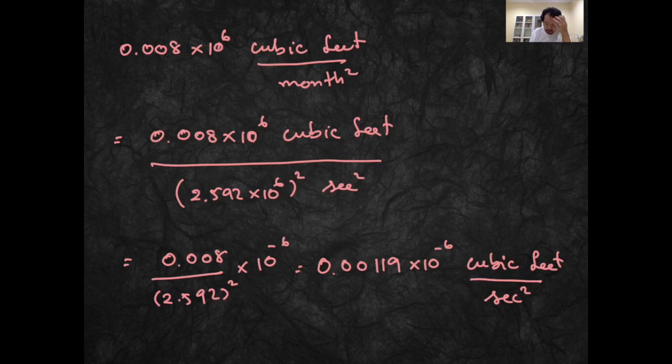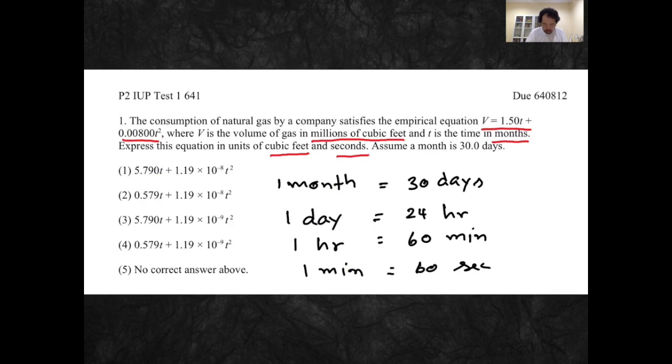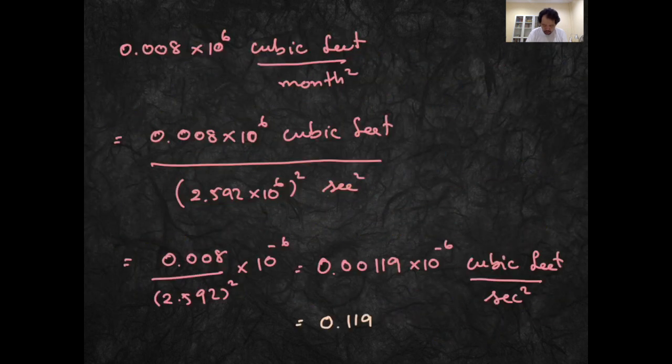Okay, you may change this number to 0.119, or let's see the choice. Okay, this can be 1.119 times 10 to the minus 9, right?